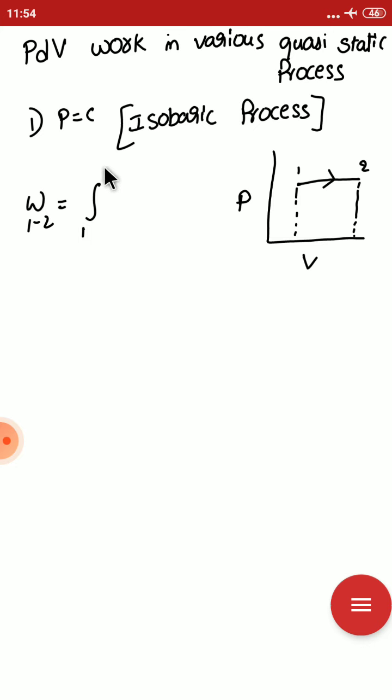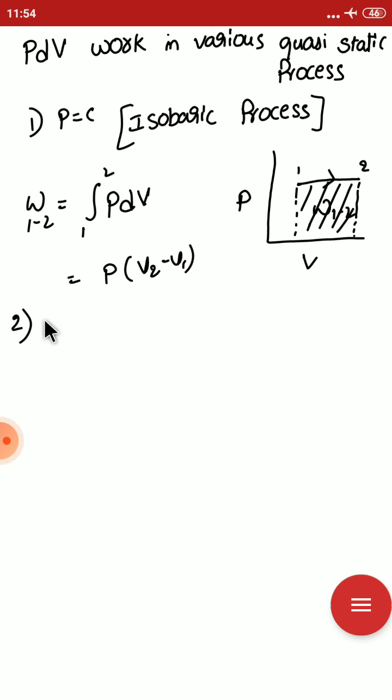The PdV work: P is constant, and the only variable is dV, which is V2 minus V1. This represents the work done in the 1 to 2 process.